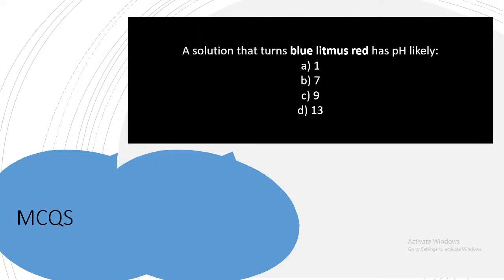A solution that turns blue litmus red has pH likely: option A 1, option B 7, option C 9, option D 13. Out of this, which solution will turn blue litmus red? Which pH?